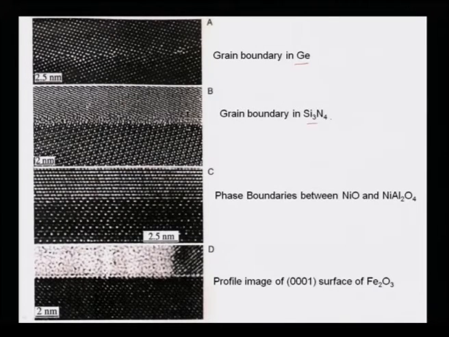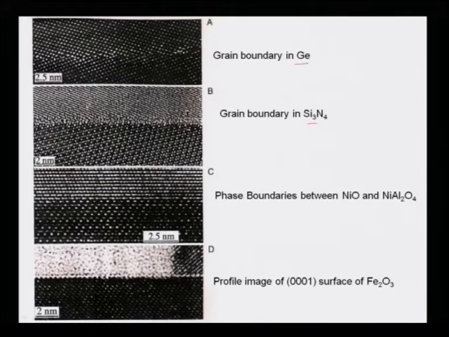You can see that the grain boundary of Si3N4, silicon nitride, has an amorphous layer of very small thickness, about say 0.5 Angstrom, 0.5 nanometers, sorry, and then the phase boundary between NiO and Al2O3, nickel aluminate, which is spinel, is very flat and very sharp.